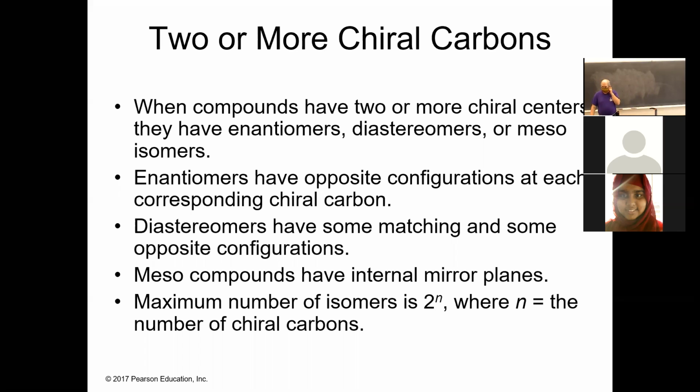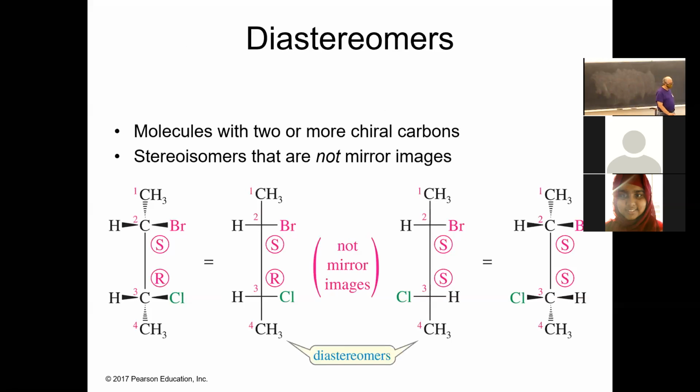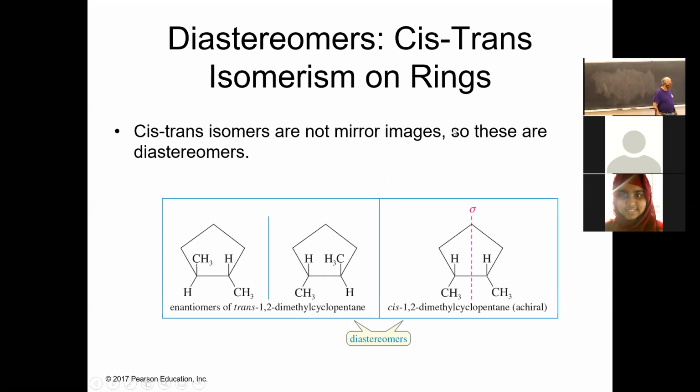So if we have one stereocenter, we have two enantiomers. We cannot have meso or diastereomers if there's just one chiral center. If there are two chiral centers, there are 4 possible. We could have fewer than 4 if, for example, we have a meso, as in this example.